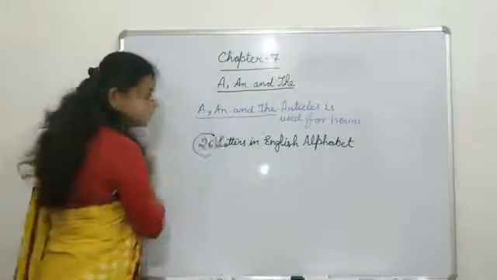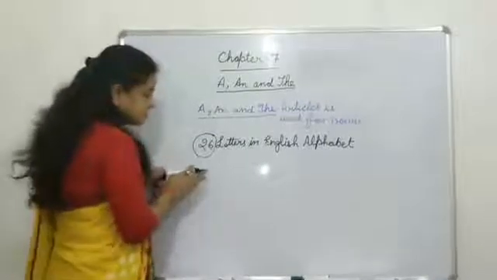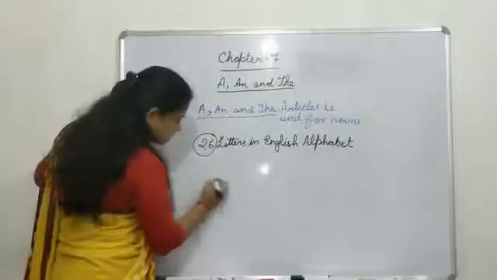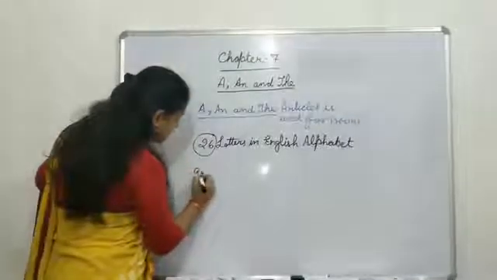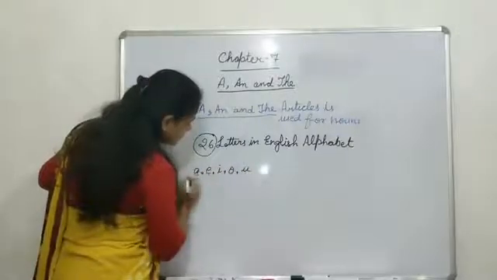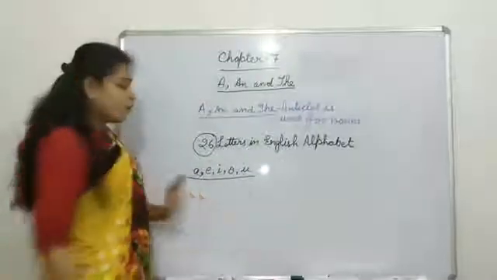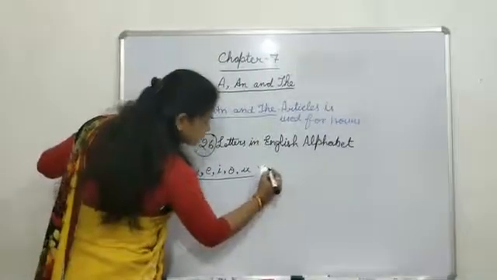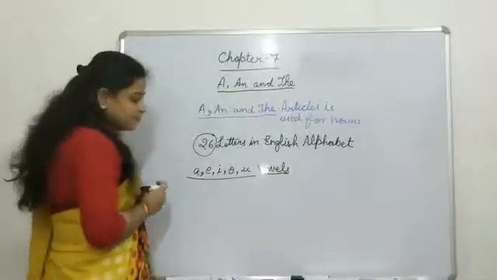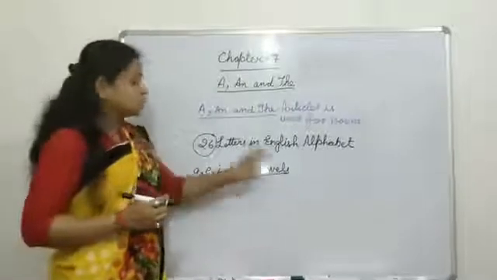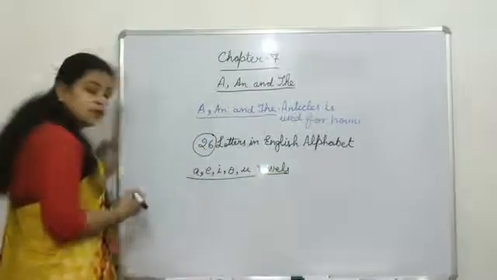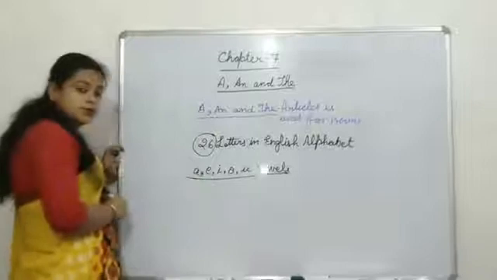Of these 26 letters, the vowels are A, E, I, O, U. These letters are vowels. The rest of the letters are known as consonants.